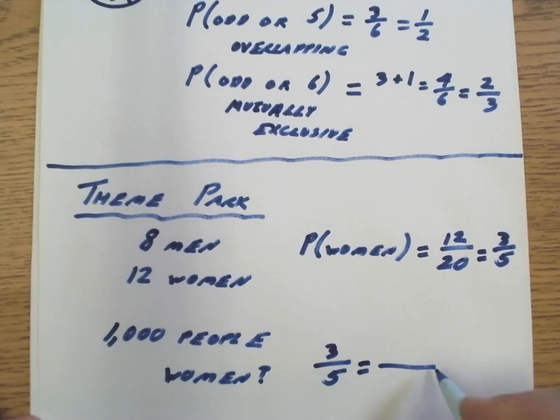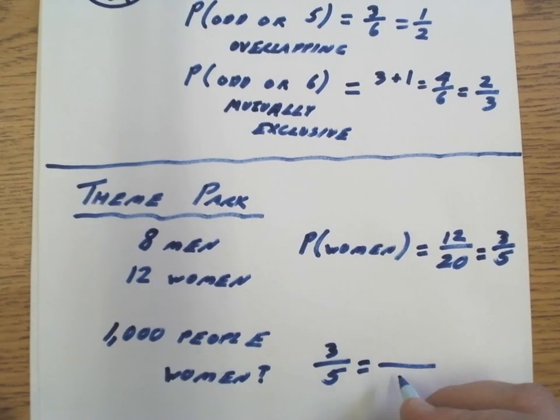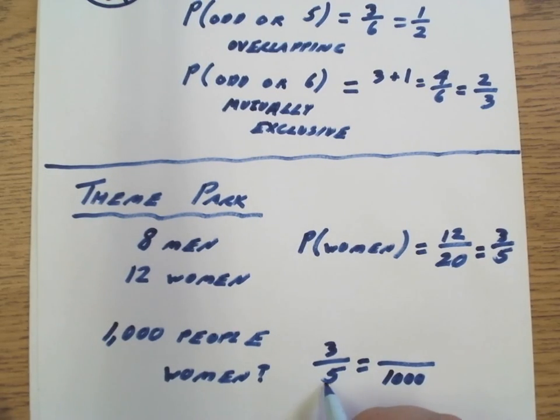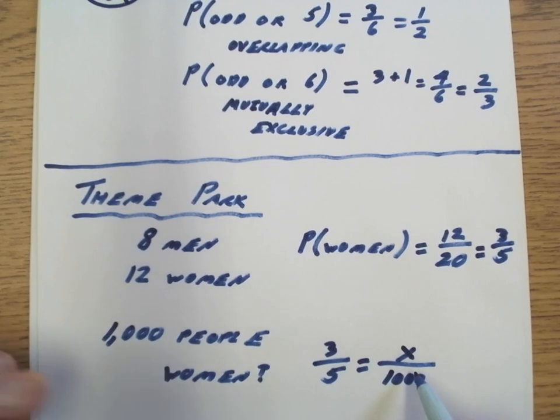Now, if I set up what's known as a proportion, 5 is the total that 20 reduced to, so 1,000 is also a total. It's on the bottom. In probability, the bottom number is our big number, our total. So I want to find out how many of these 1,000 people would be women.